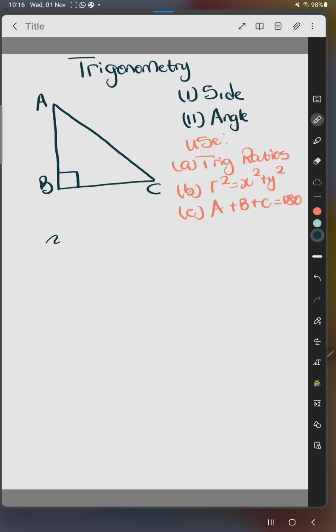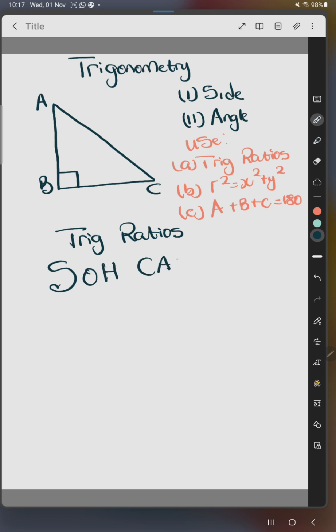Somebody can ask, what are the trig ratios? Let's start now with the trig ratios. When we talk about the trig ratios, we're talking about sine, cos and tan. When we talk about sine, this O stands for opposite.